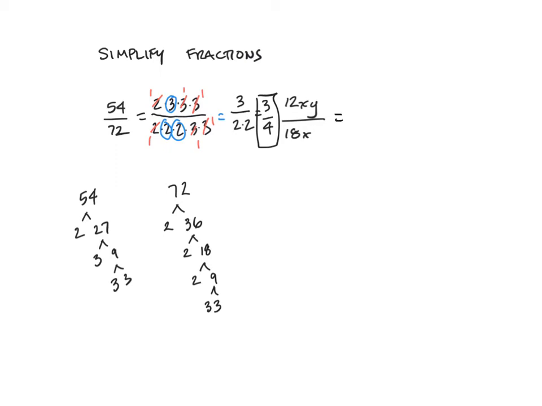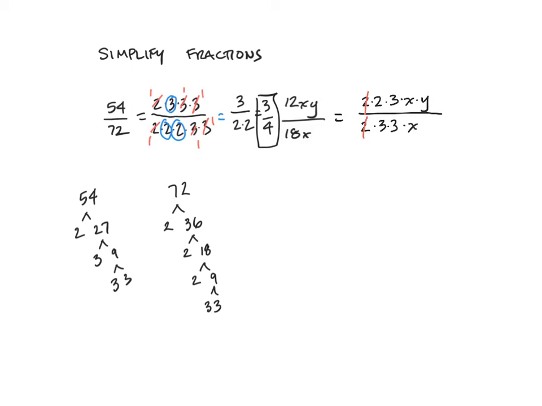So the prime factorization for 12xy is going to be 2 times 2 times 3 times x times y. And 18 is 2 times 3 times 3 times x. So we'll just go through and we'll cancel out common factors. So the 2 and the 2 become 1.